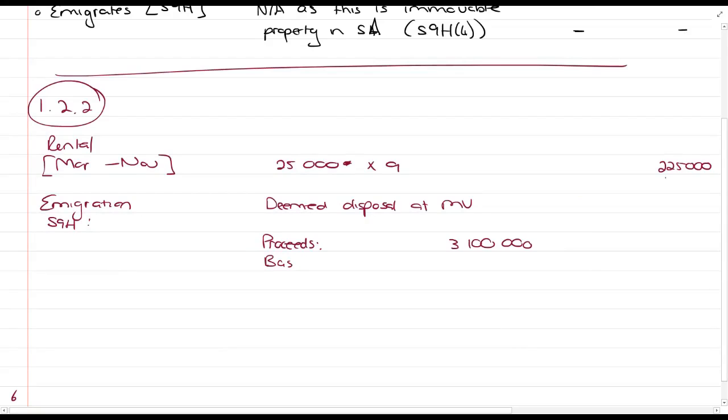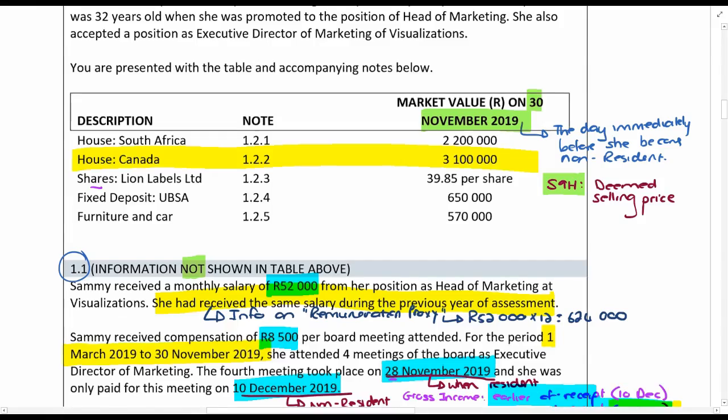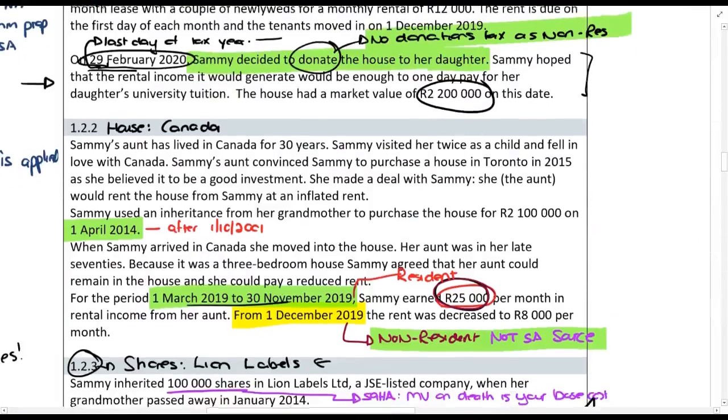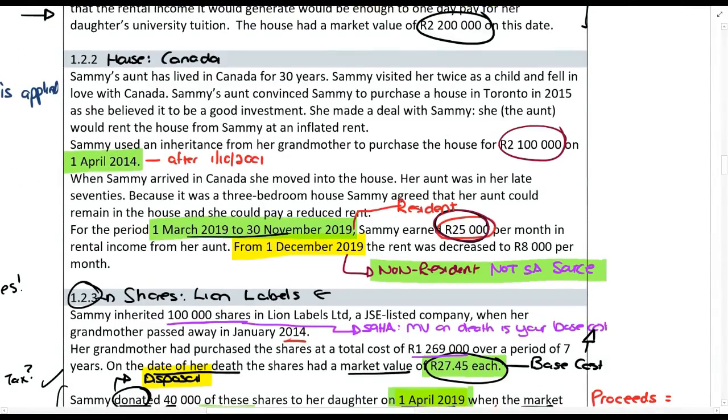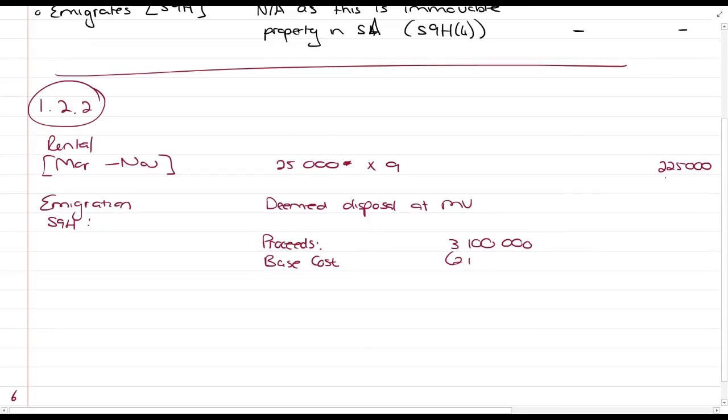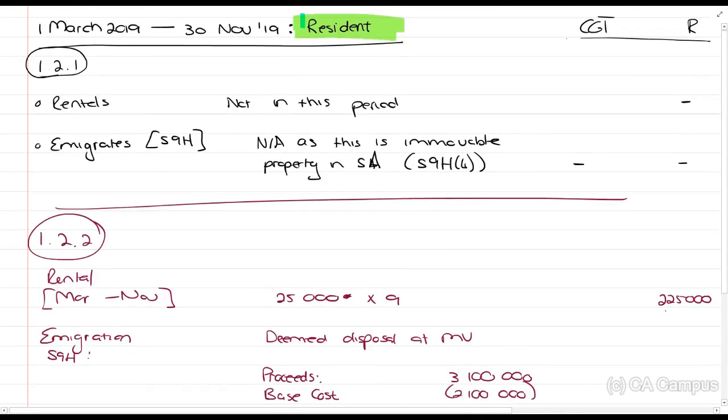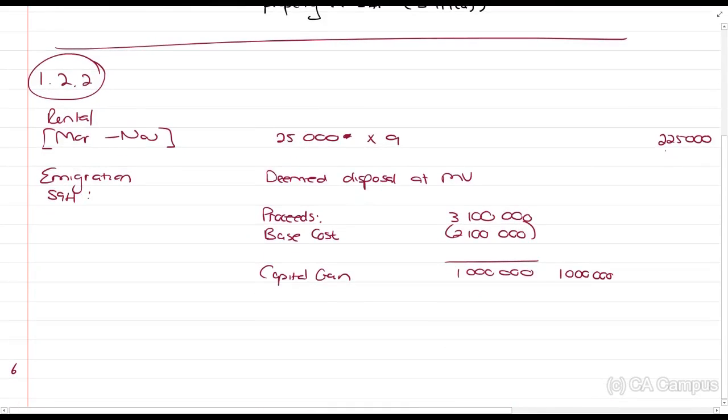The base cost, 2.1 million. That's a capital gain. It wasn't used as a primary residence up until the 30th of November. Remember, guys, this happens on the 30th of November. Wasn't used as a primary residence. There's no primary residence exclusion. It just gets included.